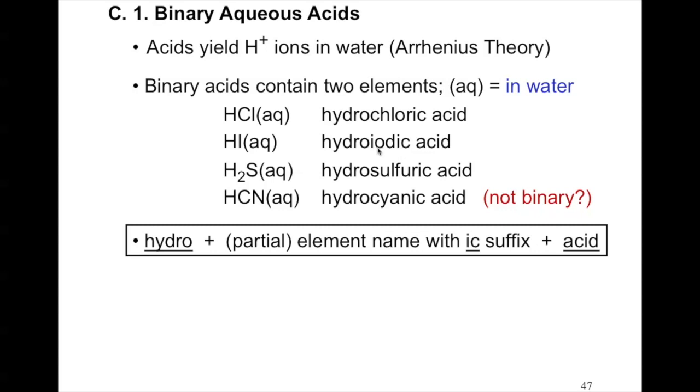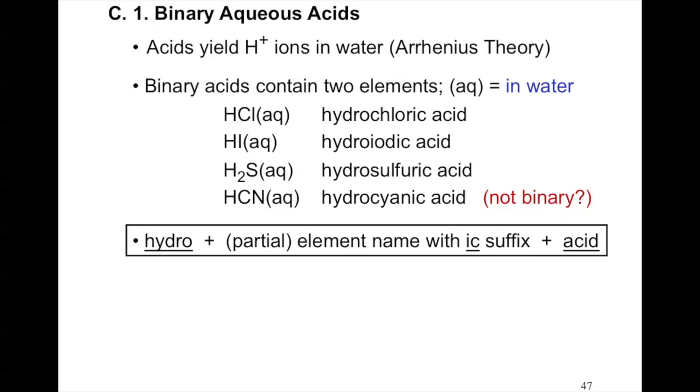So this is hydroiodic acid. In the case of H2S, we'd start off with hydrosulfur. Just add ic and acid, and you're done: hydrosulfuric acid. HCN, we recognize that CN- is a polyatomic ion. It's one of the ones that you need to memorize. So we name this hydrocyanic acid.